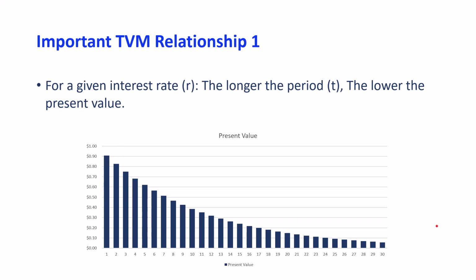But when you do this for 30 years, the present value of that $1 is going to be exactly 6 cents. So if you have to wait longer to receive the cash, the value of that cash is going to be significantly lower than when you have to wait only 1 year. Time matters a lot when it comes to finding the present value of a cash flow.